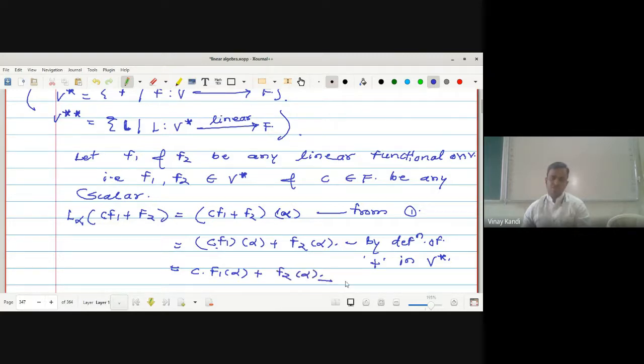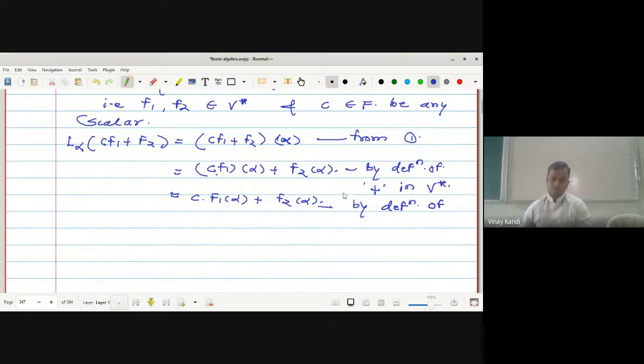What is the reason for this one? By definition of scalar multiple in V star. Is it correct? V star forms a vector space. Okay, any doubt? No, sir.